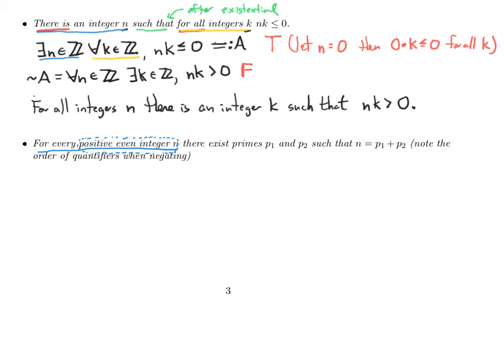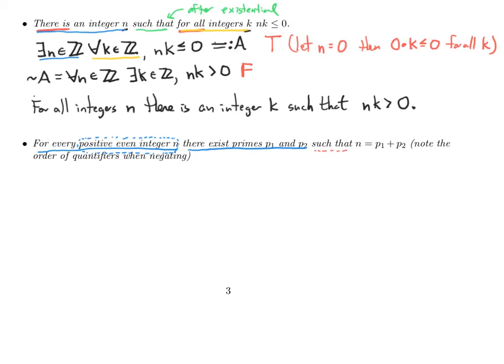There exist primes p1 and p2, so here are our other quantifiers. In fact, there are two here, kind of hidden: there exists a p1 and there exists a p2, such that, you see the "such that" because we just finished talking about existential quantifiers, n equals p1 plus p2.